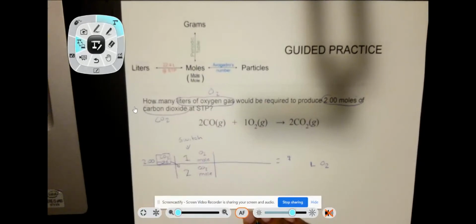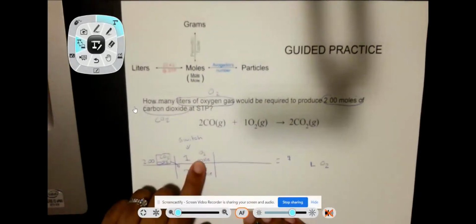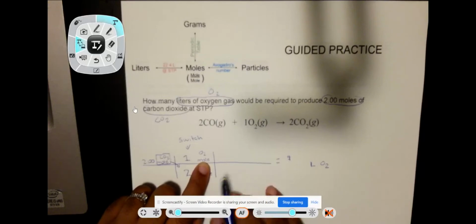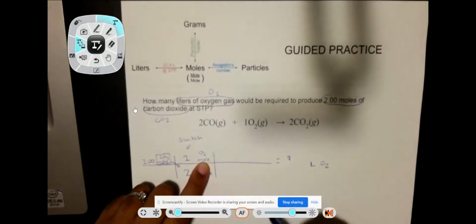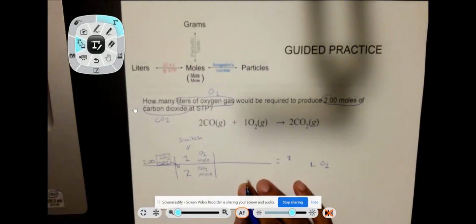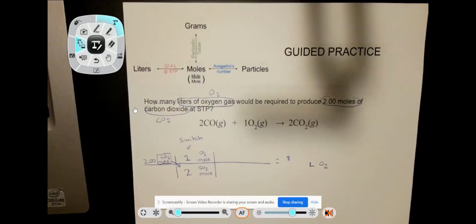Okay. And then I'm going to look at my unit here. My unit at the top is moles of oxygen. But the question is asking us for liters of oxygen. So we're not done yet. I need to do another conversion. I want to get from moles to liters.